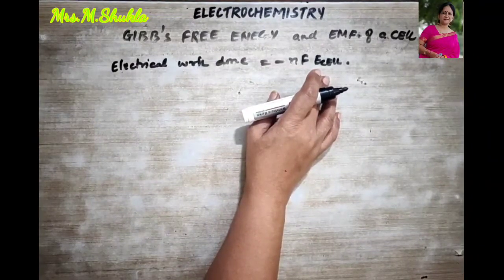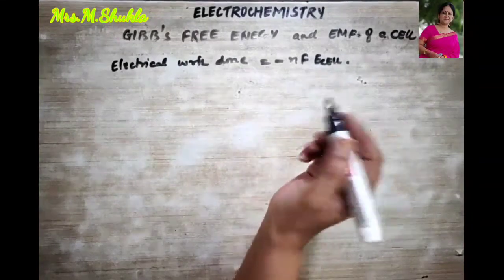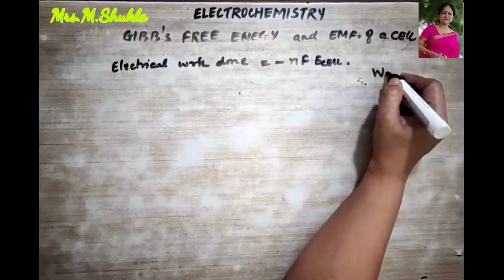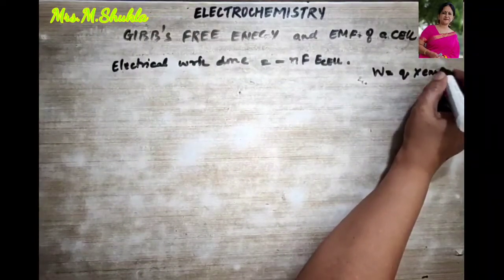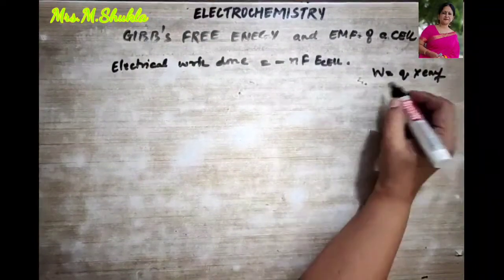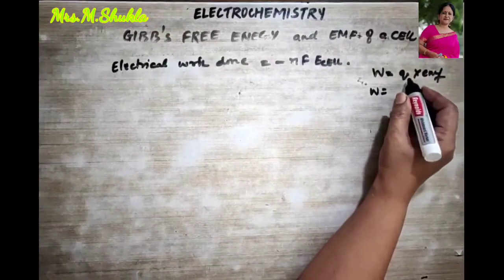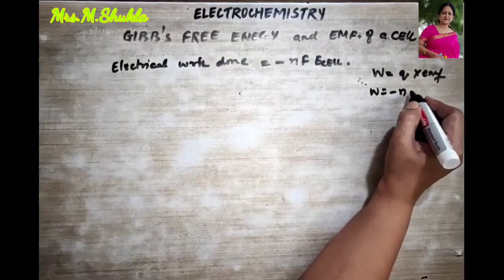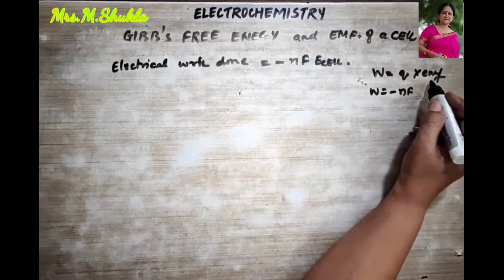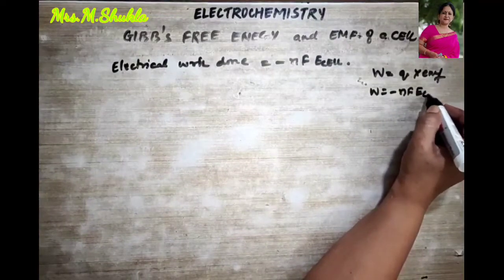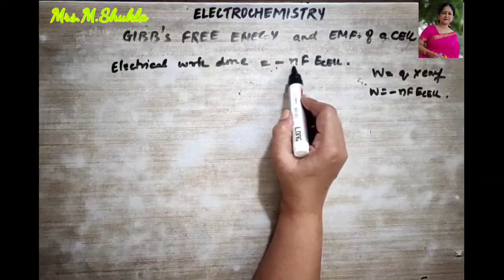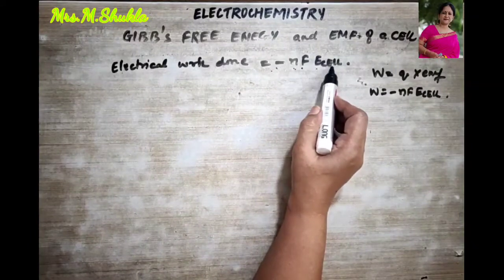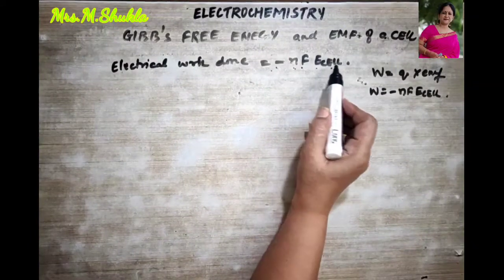Clear? Now, how did we get this? We know that work done is equal to charge into EMF, so the charge is equal to minus nF into EMF. How do we write it? E cell. So this is what I have written over here: minus nF into the EMF cell.